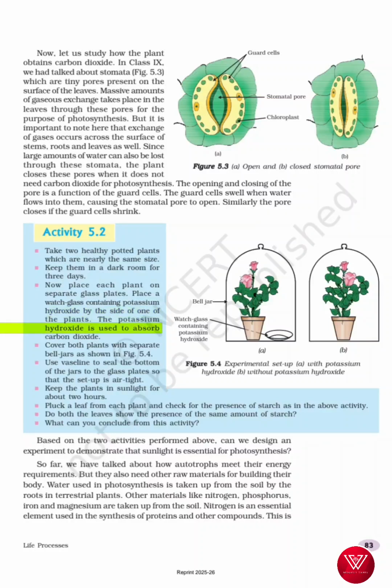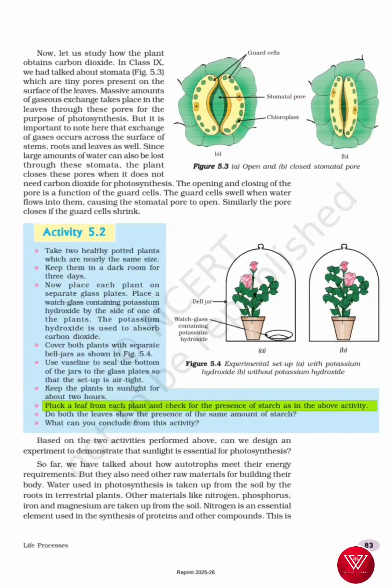The potassium hydroxide is used to absorb carbon dioxide. Cover both plants with separate bell jars as shown in figure 5.4. Use Vaseline to seal the bottom of the jars to the glass plates so that the setup is airtight. Keep the plants in sunlight for about 2 hours.